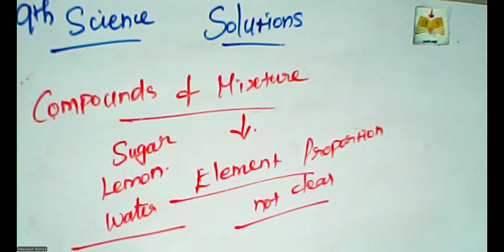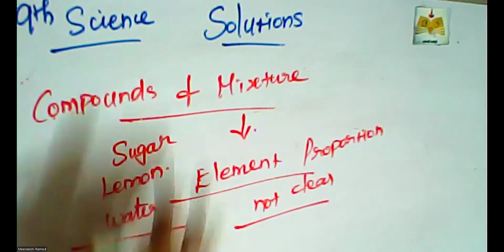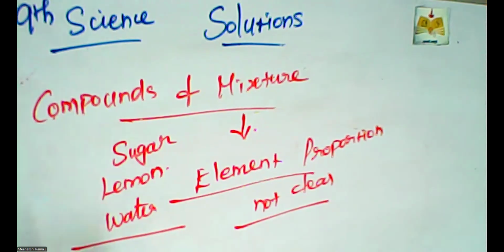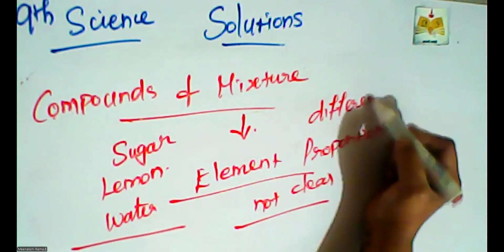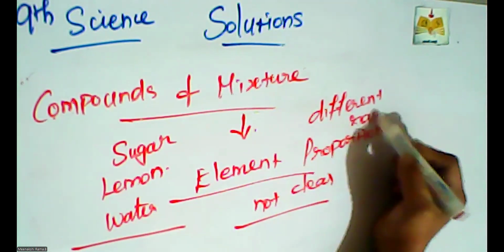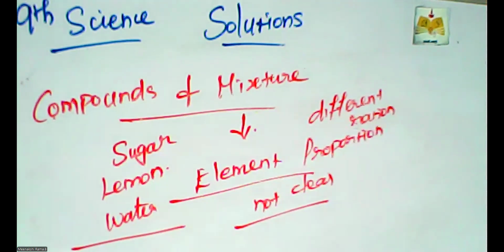This kind of solution is called a mixture. A mixture means an impure substance containing elements or compounds physically mixed in different ratios. So this is called a mixture.